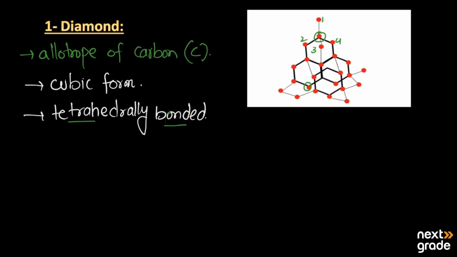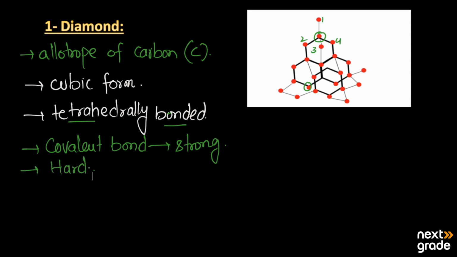Next we have the covalent bond that exists in diamond. The covalent bond is a very strong bond, so that's why diamond is very hard. The question arises why diamond is very hard: because the covalent bond that exists between the carbon atoms in diamond is a very strong bond, and the melting point of diamond is also very high.